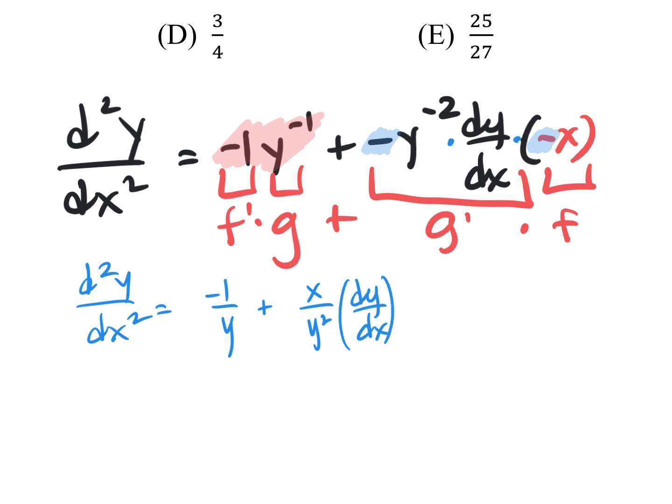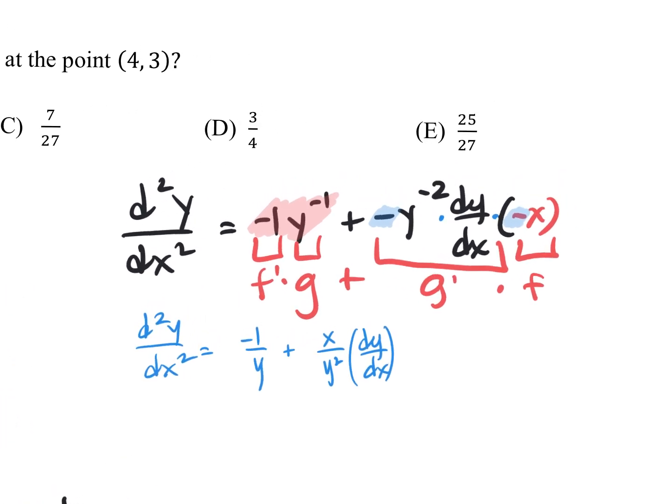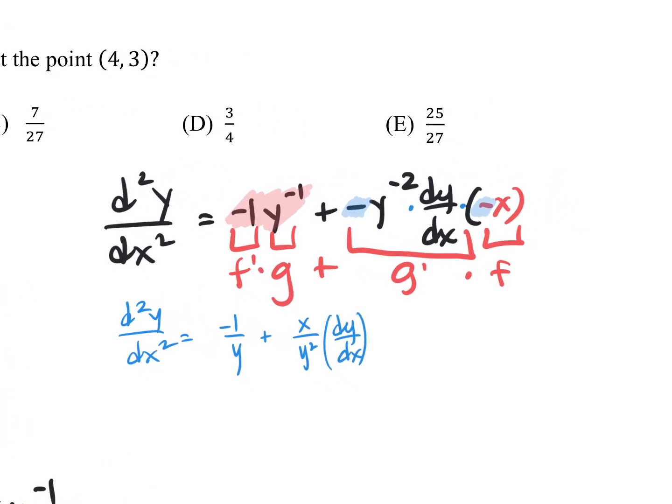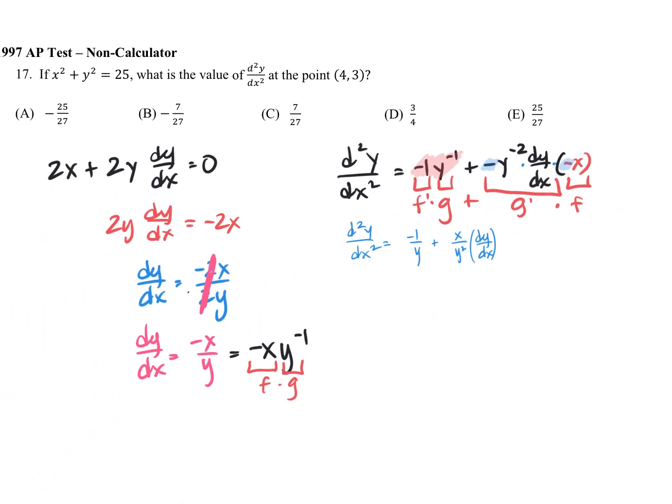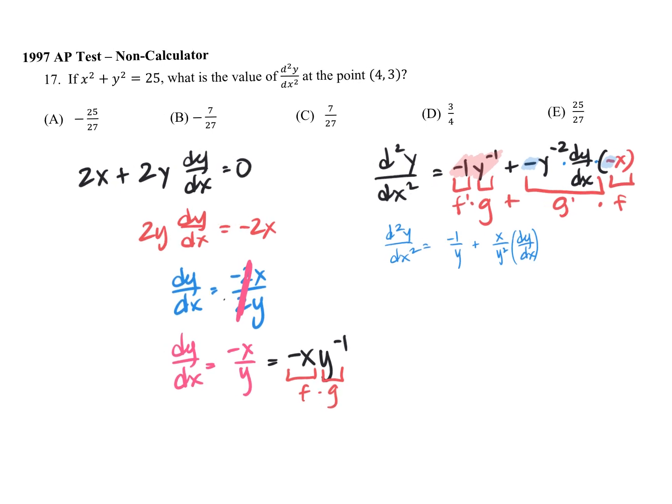So now, could we just go plug in our point of (4, 3)? No, you've got to put in dy/dx. Don't forget, they want this second derivative at this point.